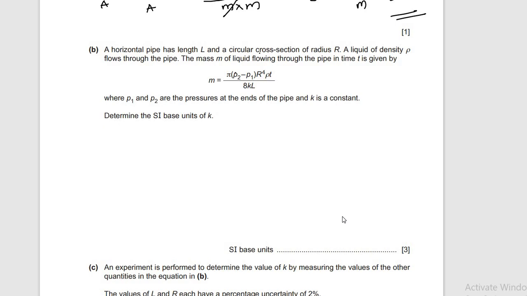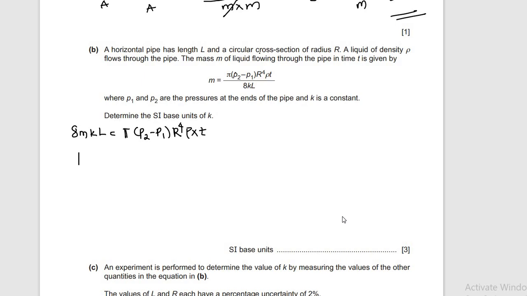Now to find the SI base unit of K, let's make K the subject of the formula. First, cross multiply. When you cross multiply, you end up having 8mKL equal to pi (P2 minus P1) R raised to the power 4 density multiplied by time.